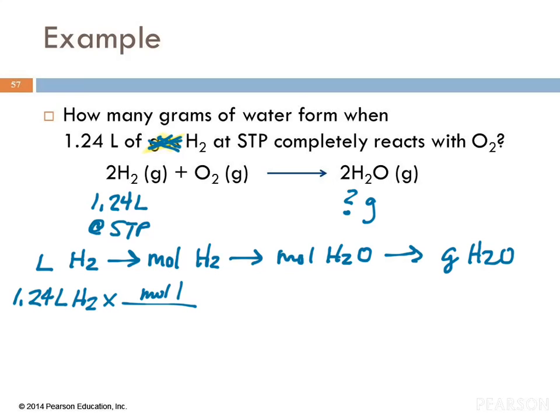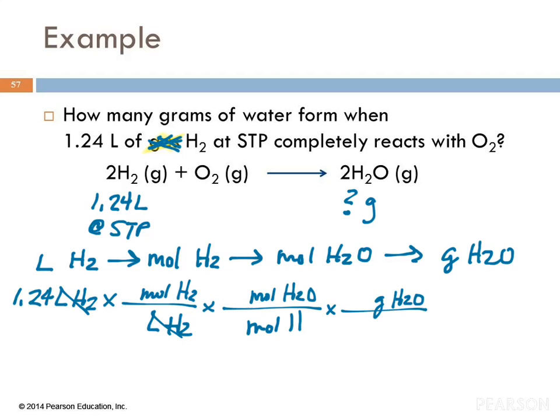We'll go to moles of H2, then to moles of H2O, then to grams of H2O. And then we put the units from the previous term underneath: moles of H2, moles of H2O. We get all the units to work out.